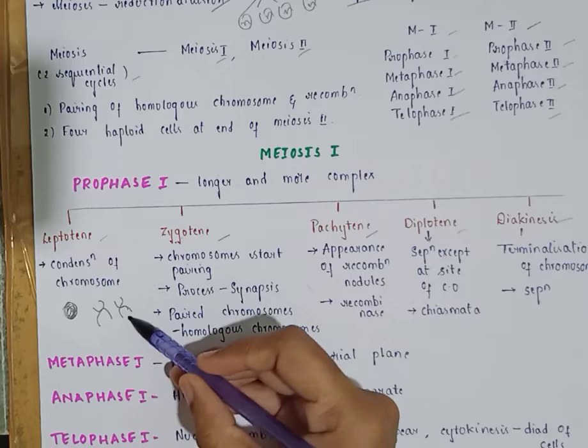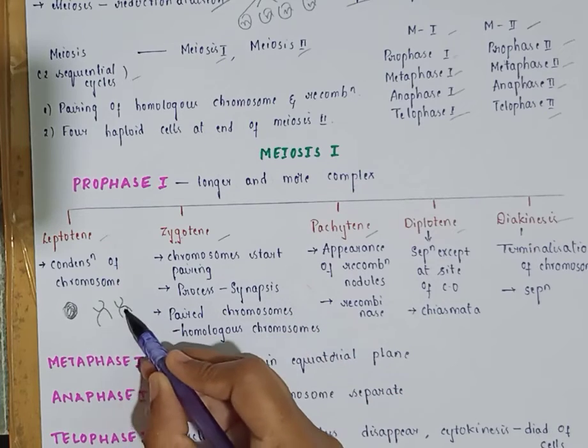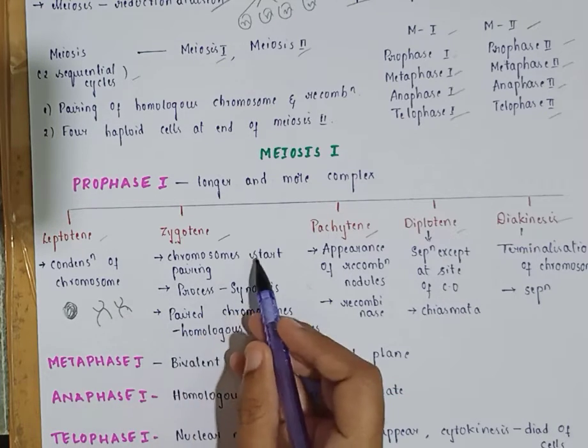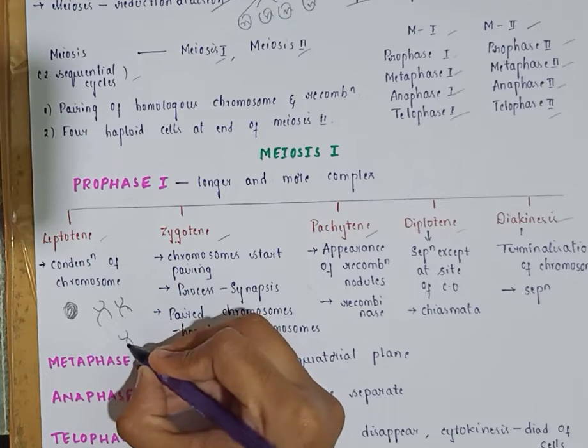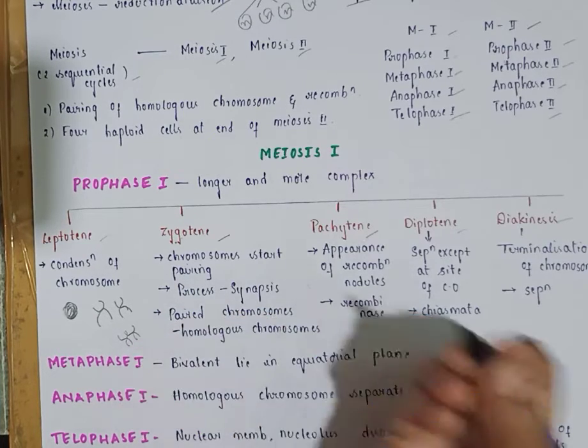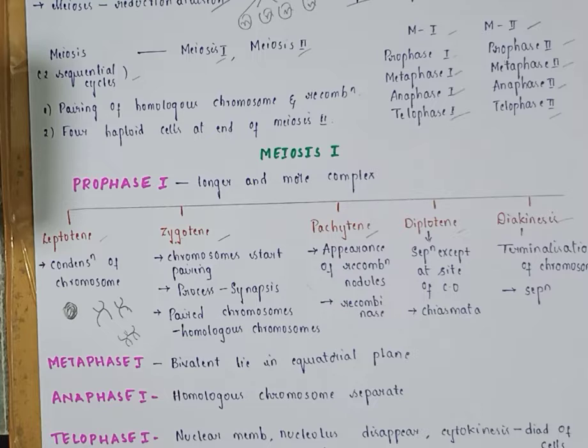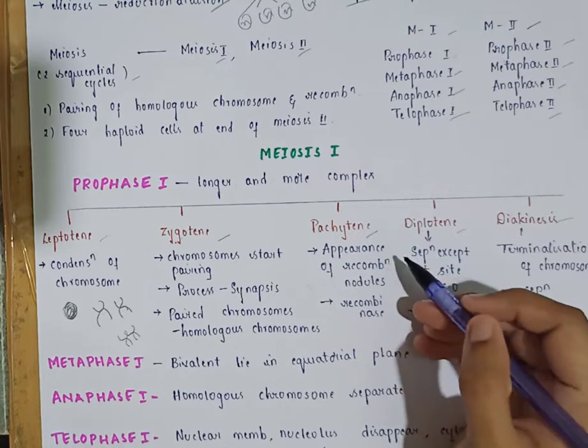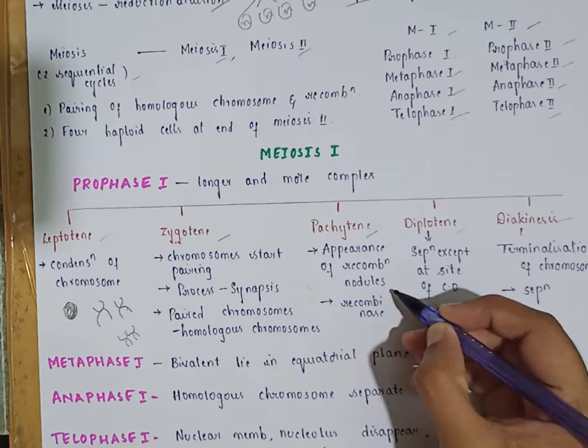If we take this as an example, this is a chromosome and this is a chromosome. Pairing means these two chromosomes start pairing together. This process is called synapsis. And during the pachytene stage, appearance of recombination nodules occurs.